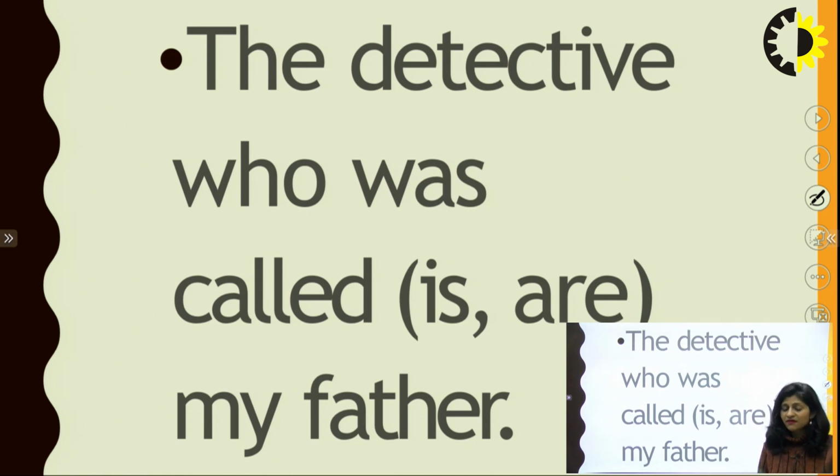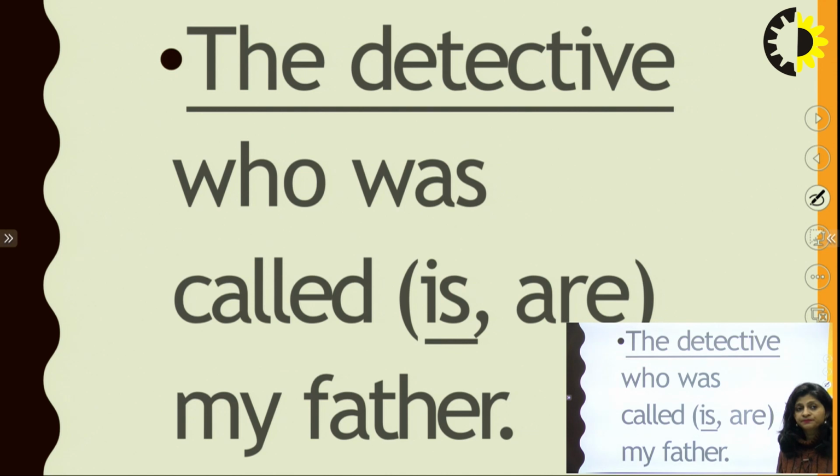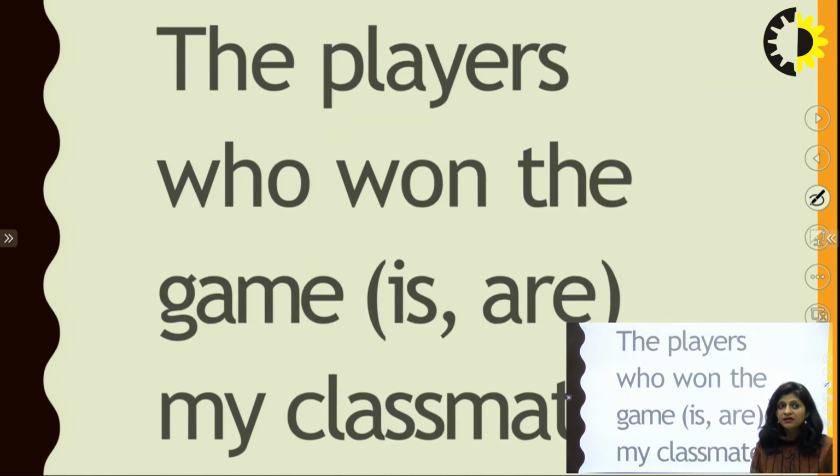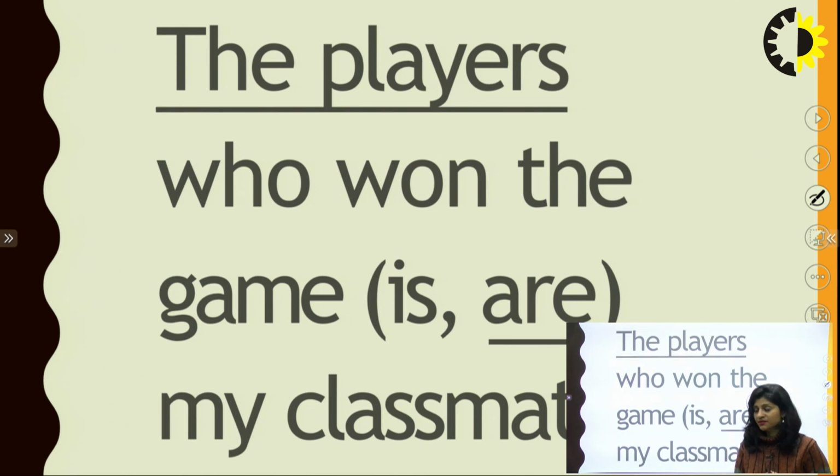The detective is my father. The players who won the game is or are my classmates. Here the players is a plural subject, so obviously you are going to use a plural verb here. The players who won the game are my classmates.